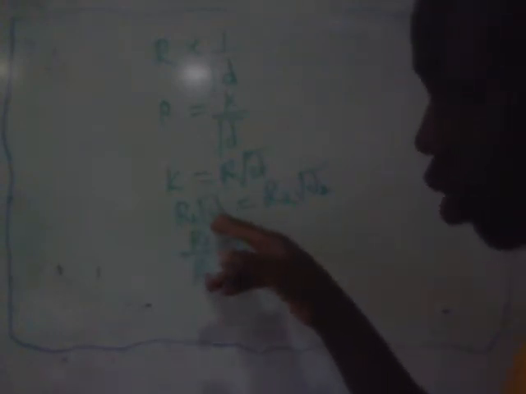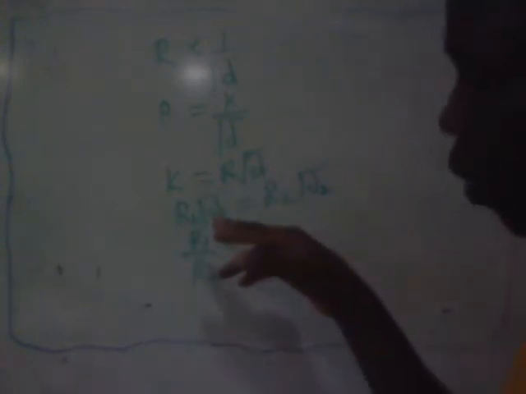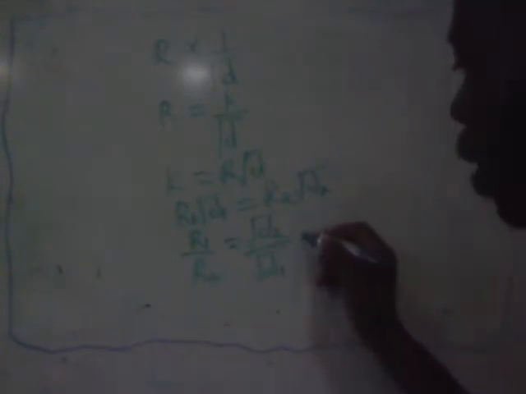At the same time, divide both sides by square root of d1, because I want square root of d1 to come to this side. So you have square root of d2 over square root of d1, which you can write as square root of d2 over d1, all inside the square root.